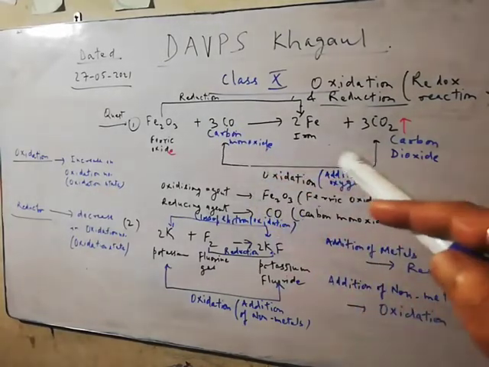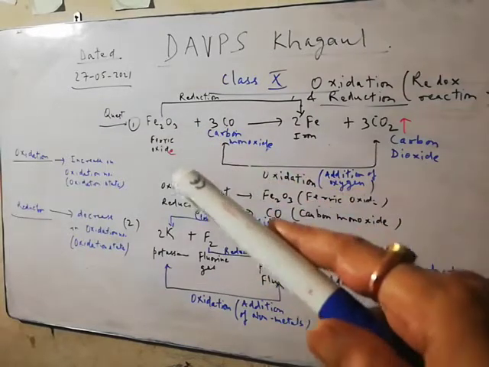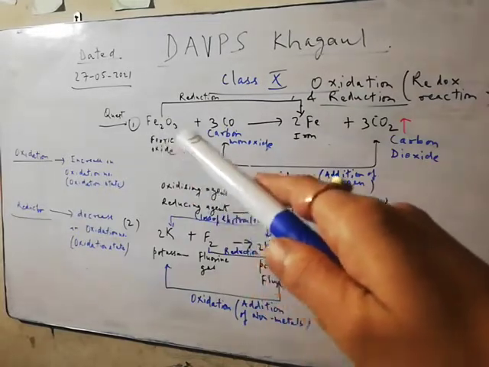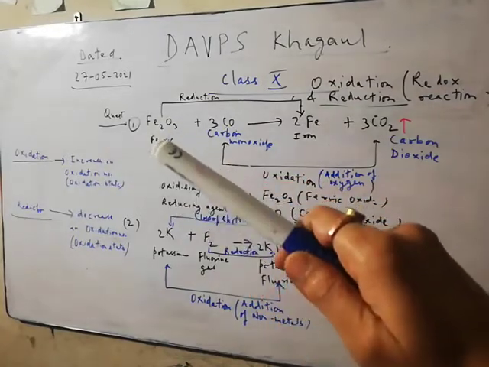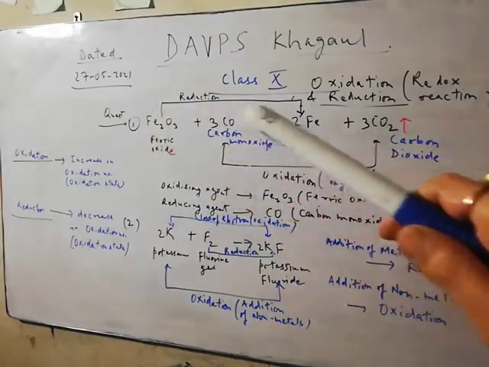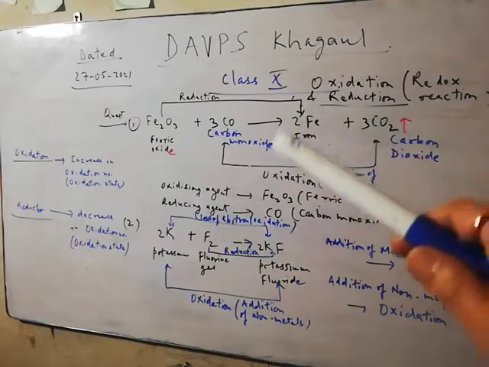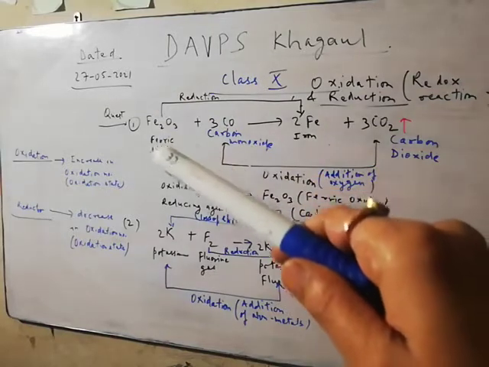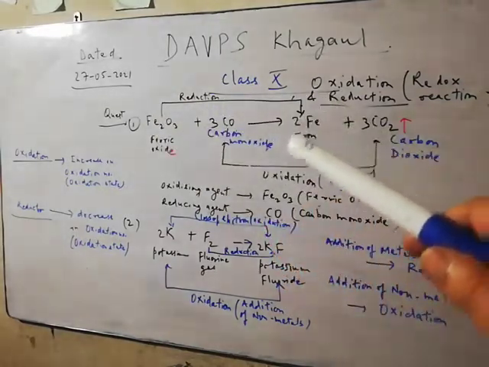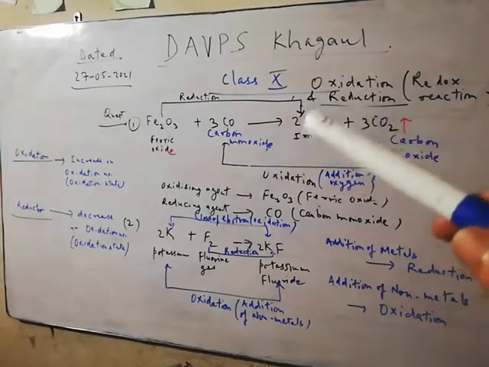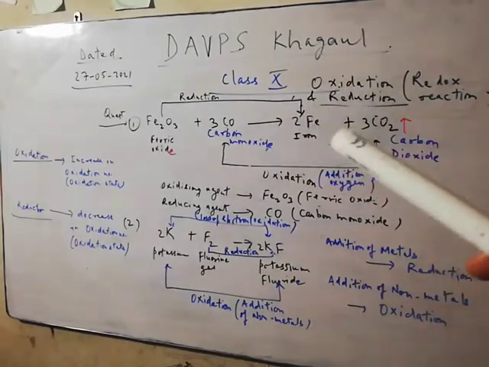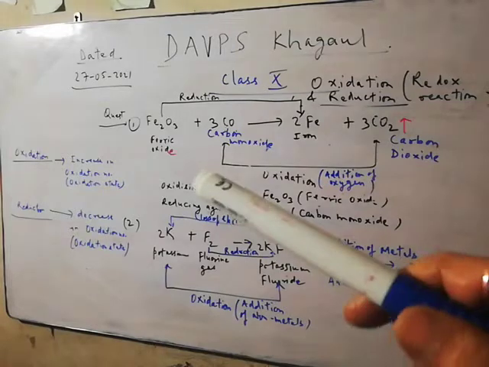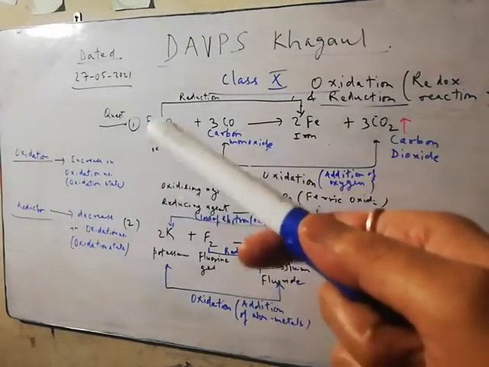Now let us check, is there a reduction reaction also? Now see Fe2O3, ferric oxide. What happens here? Ferric oxide Fe2O3 is being converted into iron, which is reddish brown. How is iron obtained from ferric oxide?